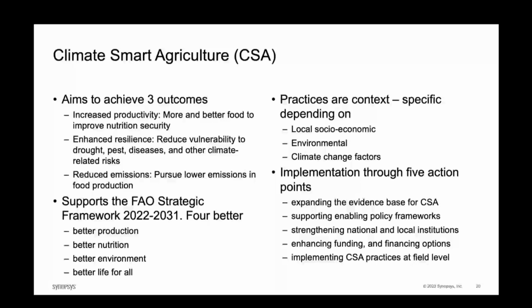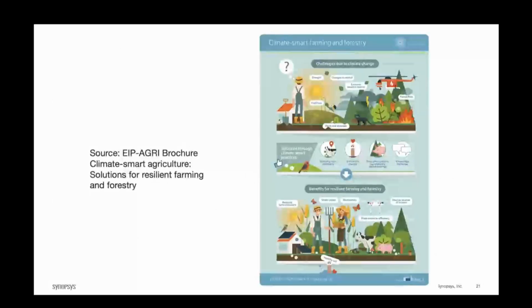And there are 5 actions we have to take: expanding the evidence base for climate smart agriculture, supporting an agri policy framework, strengthening national and local institutions, enhancing funding and financing options, and implementing the practice at the field level, not only in research. These are a few examples of what we can do, the climate smart farming and forestry.